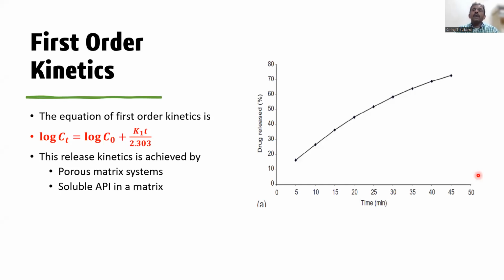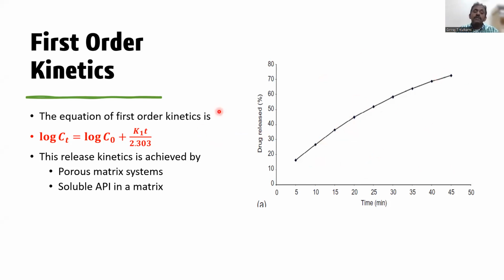Now, let us come to first order kinetics. In zero order kinetics, we have seen percentage release against time should be a straight line. But in first order kinetics, it does not happen. It will be a curve. Now, in this graph, we can see that it is a curve.